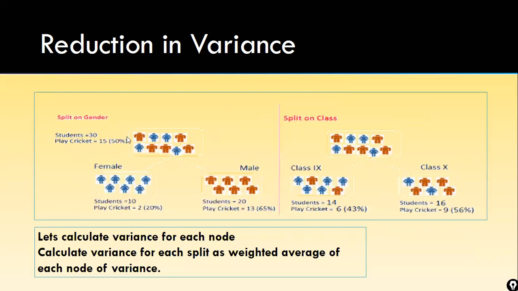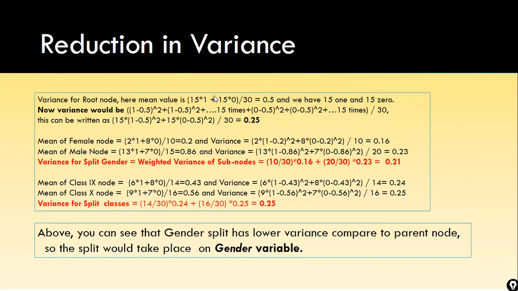So we have two classes, 15 yes and 15 no. Yes is considered 1 and no is considered 0. If you divide by 30, 15 by 30 is 0.5. So we have 15 ones and 15 zeros, and the mean is 0.5.